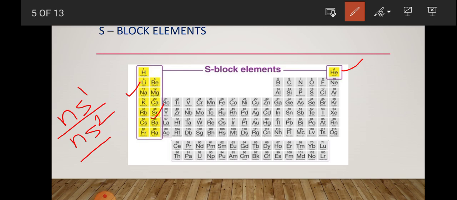These 14 elements belong to s block elements. The ns1 elements except hydrogen are called alkali metals, and the ns2 elements are called alkaline earth metals.